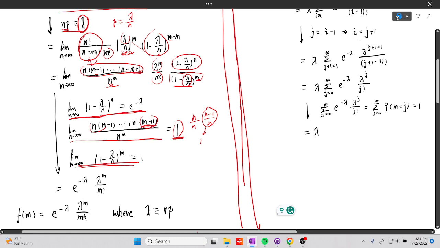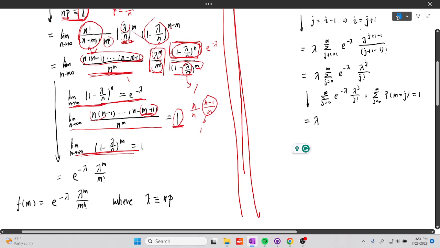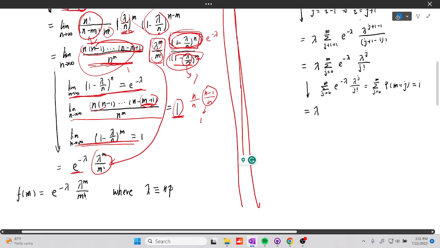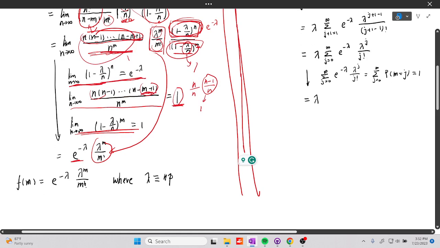So this thing equals 1, this thing equals 1, and this thing is finite, and this thing is e to the negative lambda. If you plug everything in, this is 1, this is 1, and this is e to the negative lambda. Then we have the distribution function right here, and lambda is np.